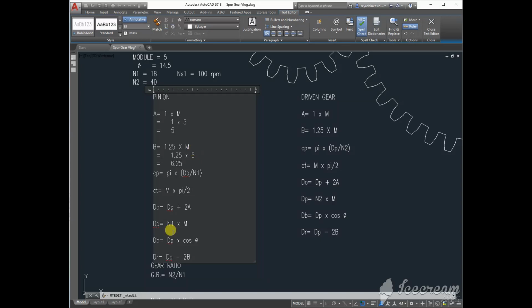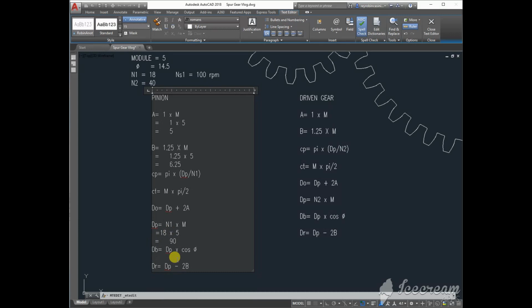After getting the addendum and dedendum, we can now solve for the pitch circle diameter, which for gear number 1, will be the number of teeth 18 times the module 5. This one is equal to 90.